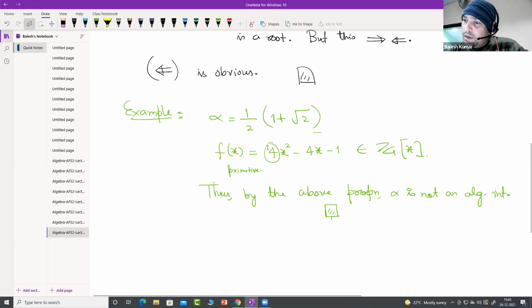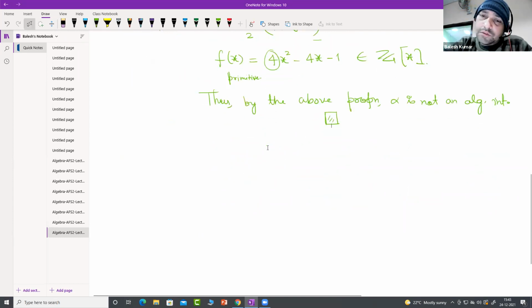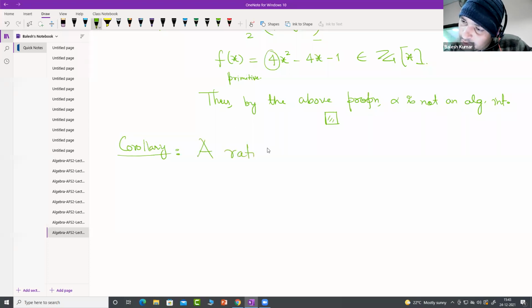As a corollary of the above proposition, it is very trivial to verify that if you take a rational number which is an algebraic integer, then it will be precisely an integer. A rational number alpha is an algebraic integer if and only if alpha is an integer.